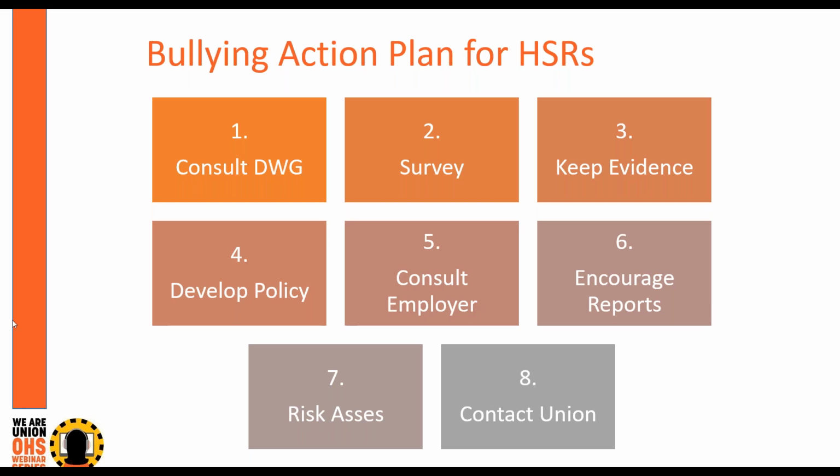So I'm going to refer you to another one of our handouts. This one is the bullying policy checklist. Let me just quickly switch screens so you can have a look at what this has. Again, this is a really good one to download and keep at work because it goes through what your bullying policy should include, and it also goes through what the complaint handling procedure should include for your workplace.